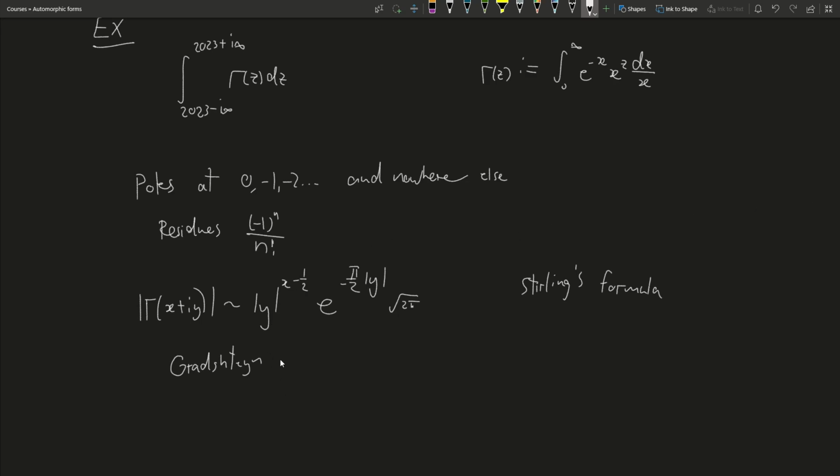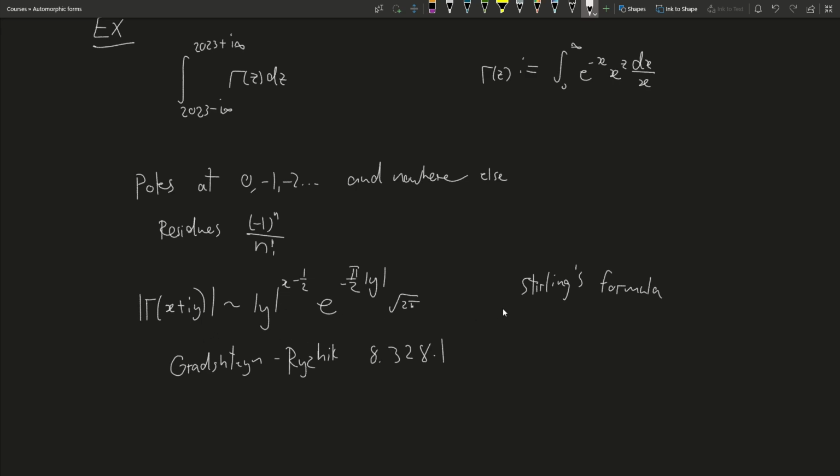Yeah, Gradshteyn-Ryzhik, and then the equation number is 8.328.1.